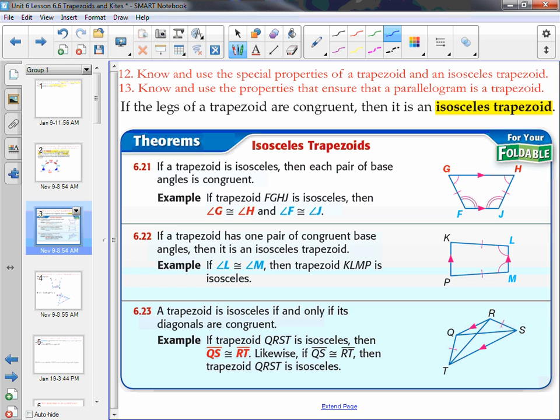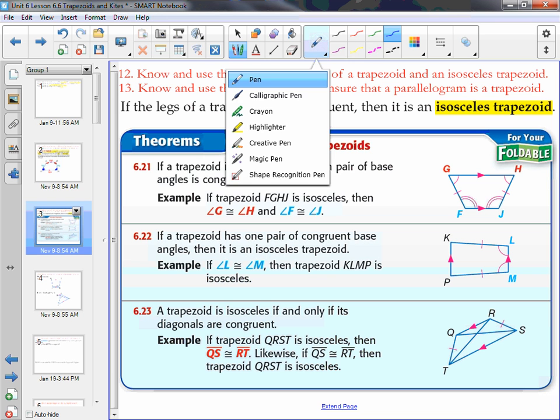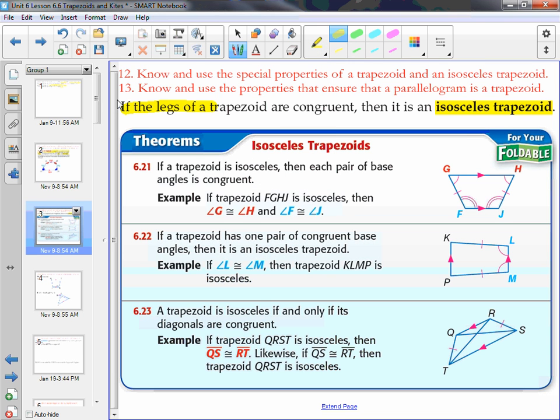So we know what a trapezoid is. Now we need to know what an isosceles trapezoid is. If the legs of a trapezoid are congruent, then it is an isosceles trapezoid. And let me give you a hint here. The bases will never be congruent.